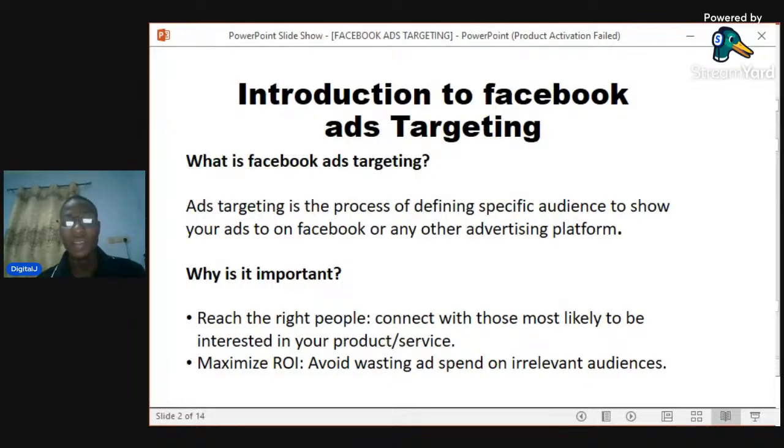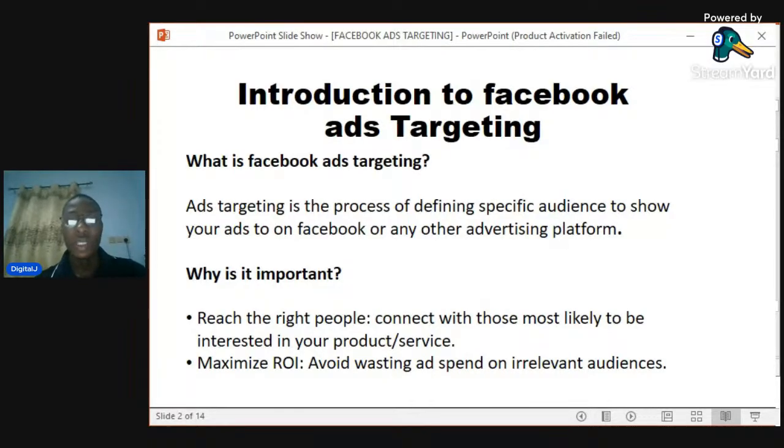Another reason why it is important is to maximize ROI. What does that mean? It simply means return on investment. For most of you that don't know, running ads is actually an investment. That is why I always tell people, do not be afraid to spend on ads. As long as you know what you are doing, spend on it, because in the long run, it is going to pay you back. Understand?